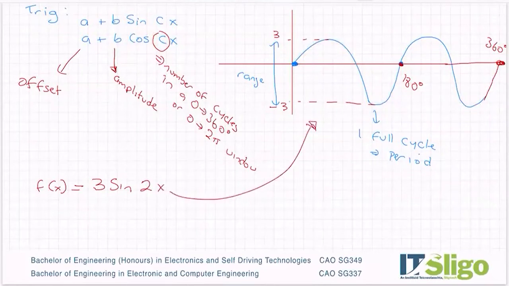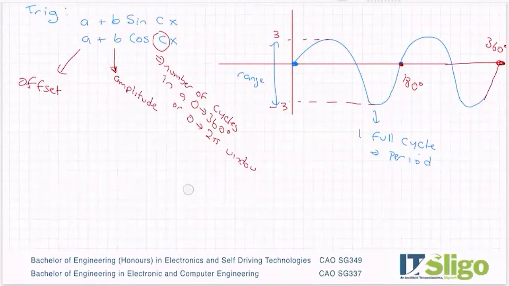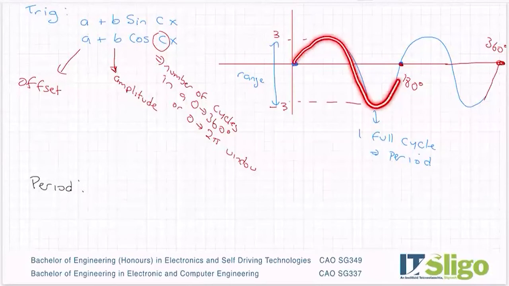So A plus B sine cx. What is the period of that waveform? Period, you need to learn off. It's the time taken for one full cycle. So it's 180 degrees. Or there's a formula for it.